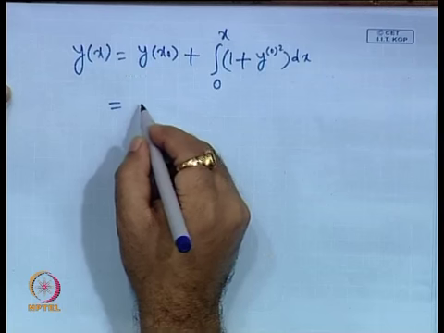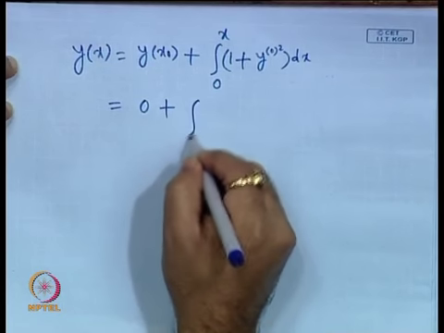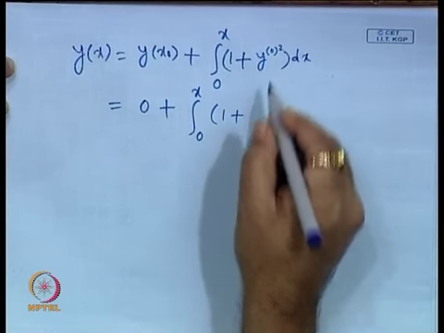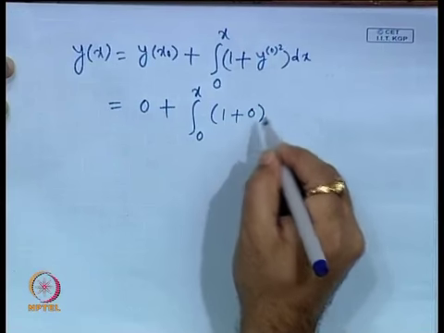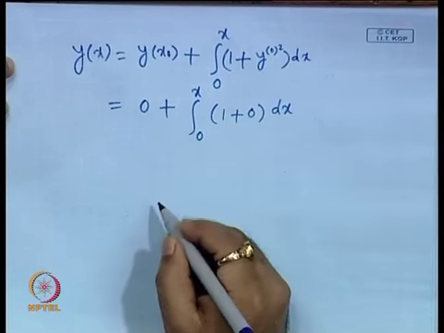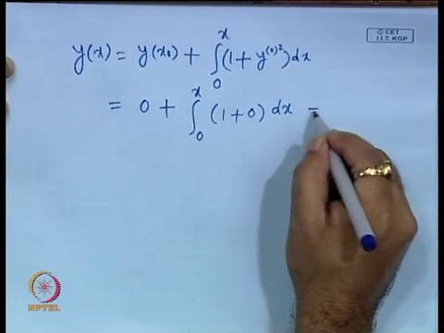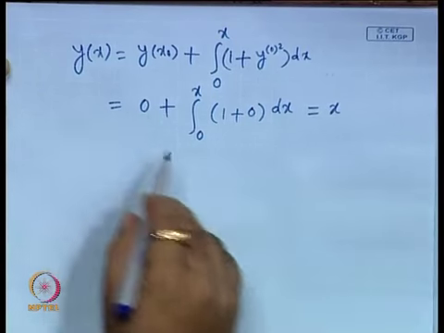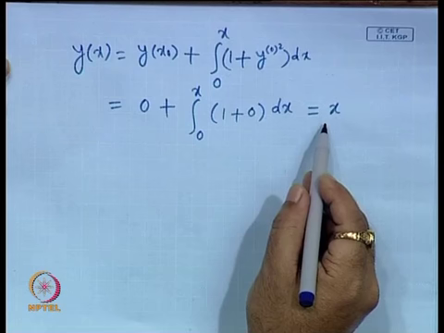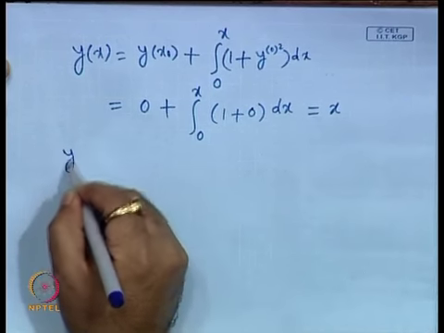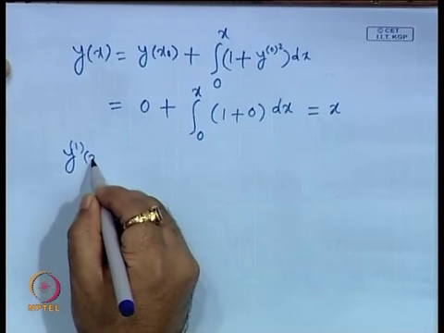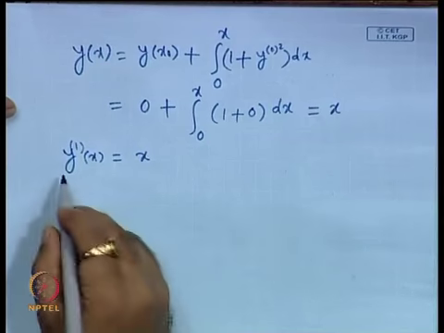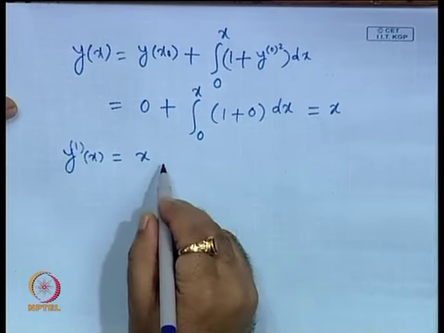Now y of x 0 is 0, so we get 1 plus 0, and this is simply x. So, we get a first approximation, and we denote this y 1 x equals x.